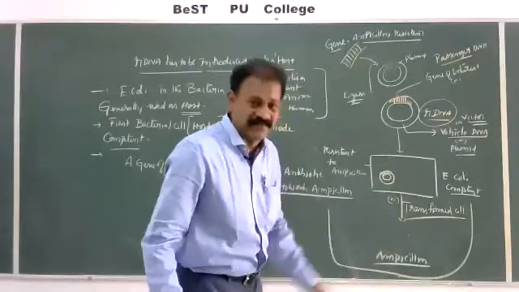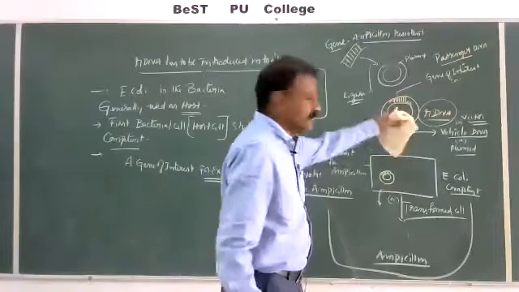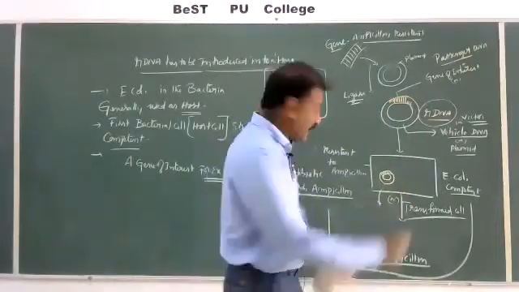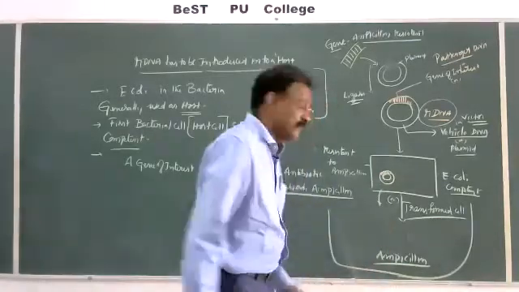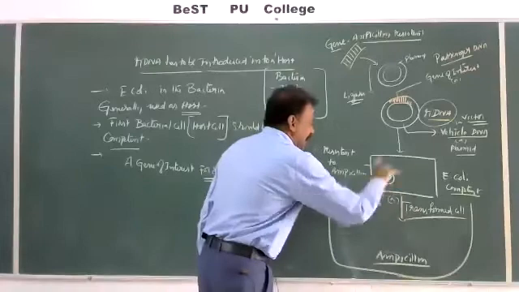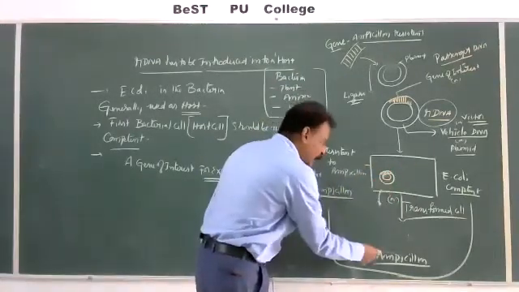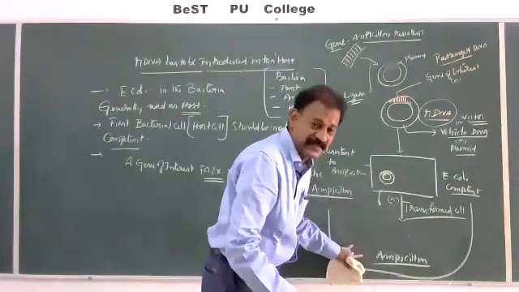Ampicillin drug is given in the medium and we have dropped all the bacteria. How to identify if any bacteria is having the ampicillin resistant gene? It will grow in the ampicillin because it is having resistance against ampicillin.